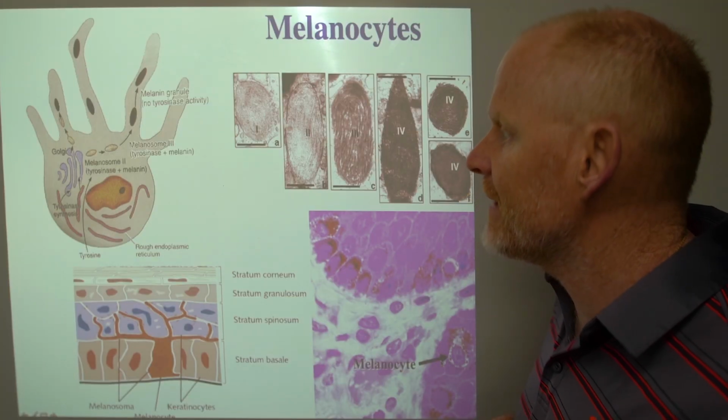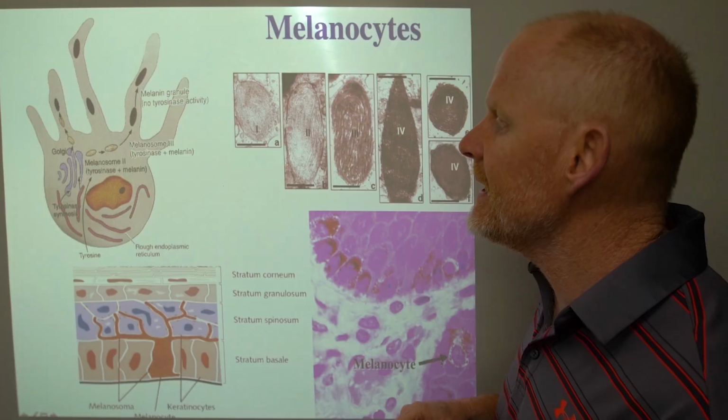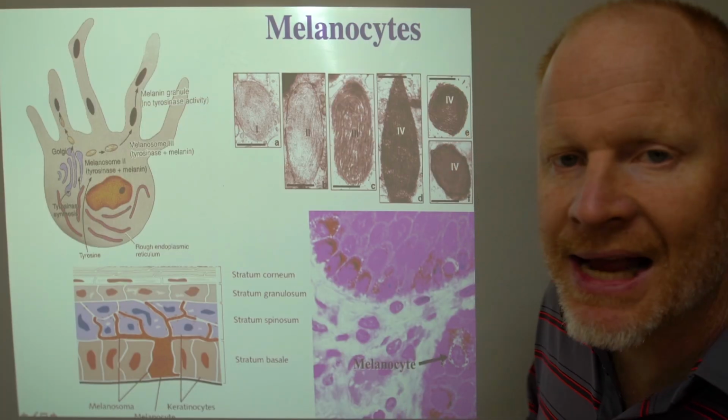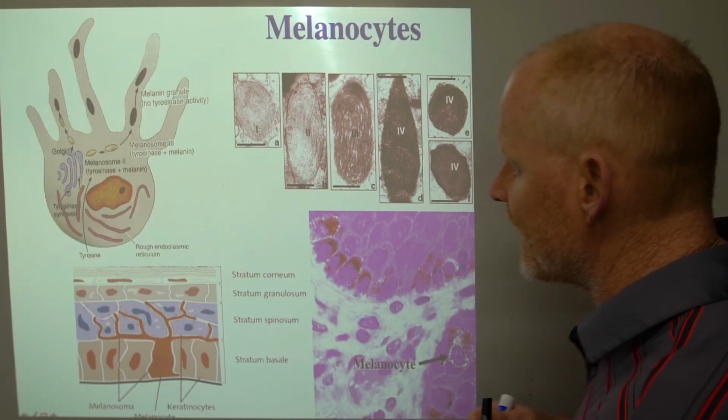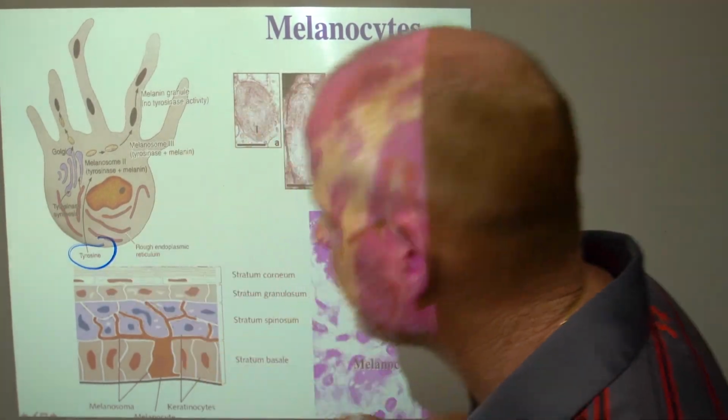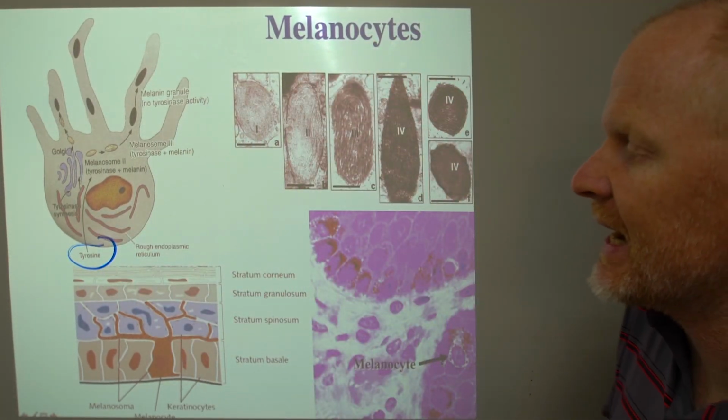Now, the process of melanin production is pretty interesting. Melanin is a derivative of a single amino acid called tyrosine, which you can see down here. Tyrosine is going to be taken up by these cells.